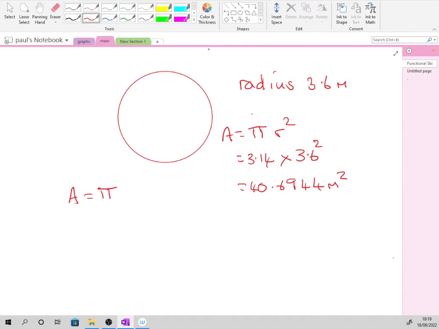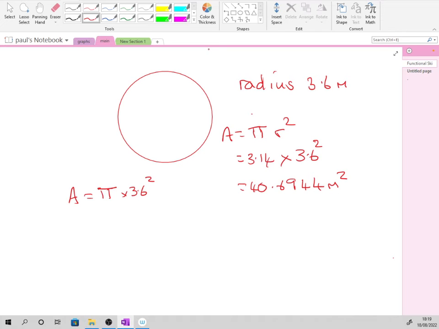On this r squared, which is times 3.6 squared. Now, if I use the pi button, because the pi button gives me a more accurate result with more decimals on there, it should make my answer a little bit bigger.